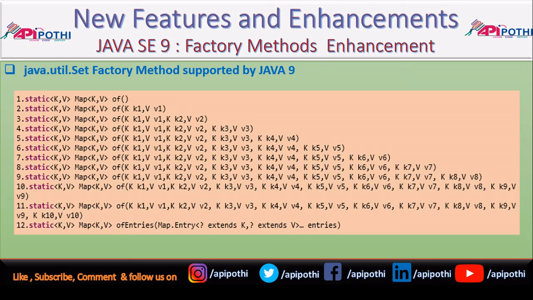If you see, we have a total of 11 factory methods, associated with key value pairs. But if you have more than 11 parameters to pass, you must use the generic concept, which came as part of Java 5.